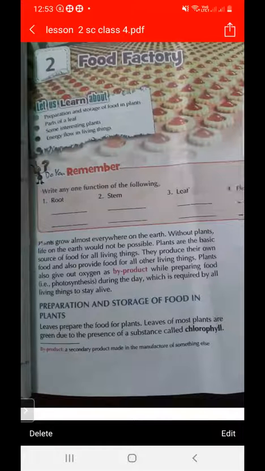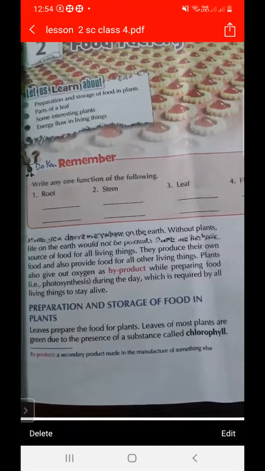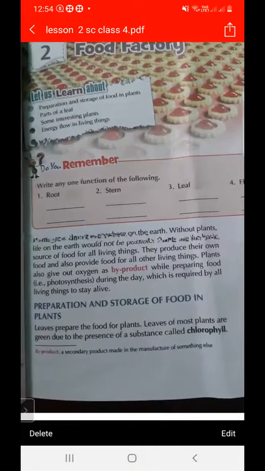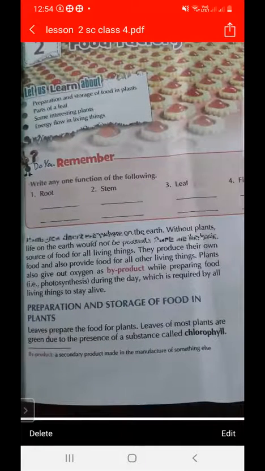Again, I'm repeating, write any one function of the following. What is the function of root, stem, leaf, and flower? First is root. Root carries water and minerals from the root to the various parts of the plant.